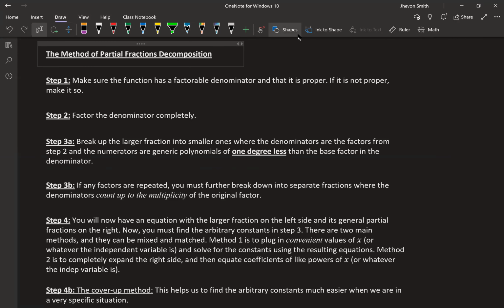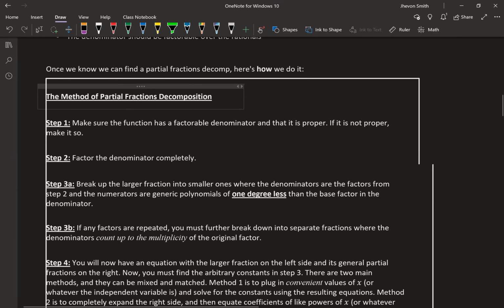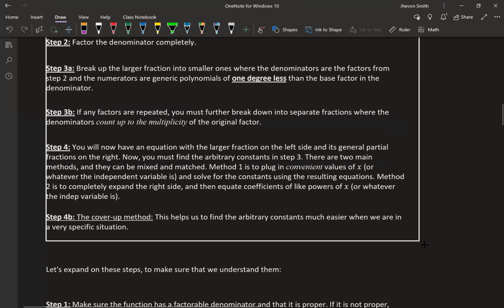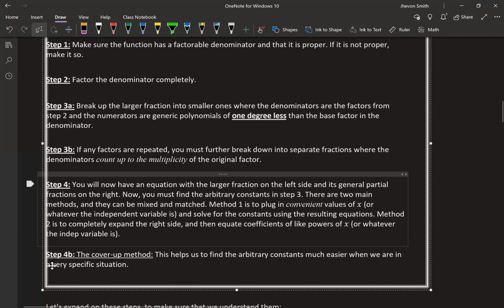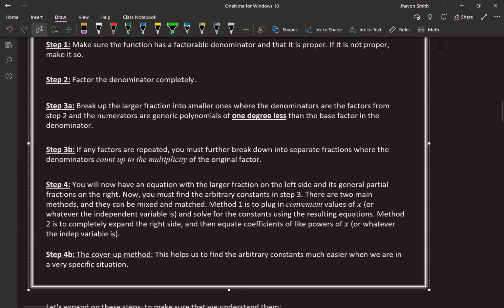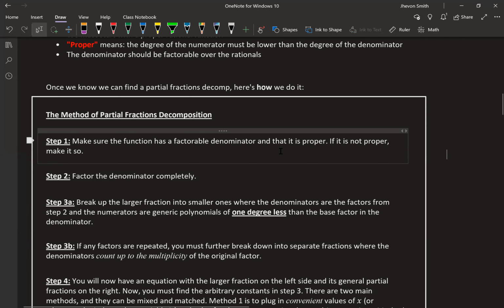Maybe I can put a box over that because that's an important thing to know. So the method of partial fractions, this is the important thing in this section. Okay, so let's put that in a box. That's the method of partial fractions, okay?